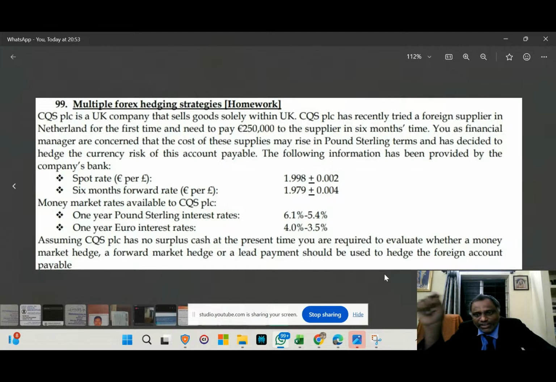You are required to evaluate whether a money market hedge, a forward market hedge, or a lead payment should be used to hedge the foreign account payable. This is the question, my friends. We'll solve this problem.